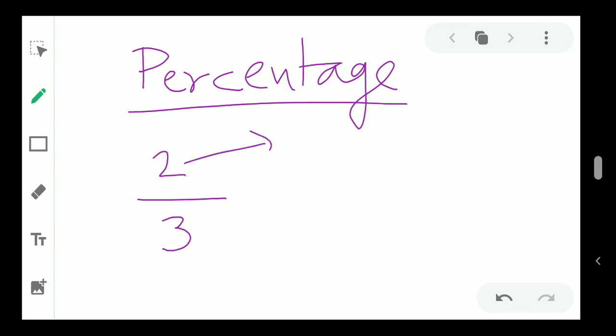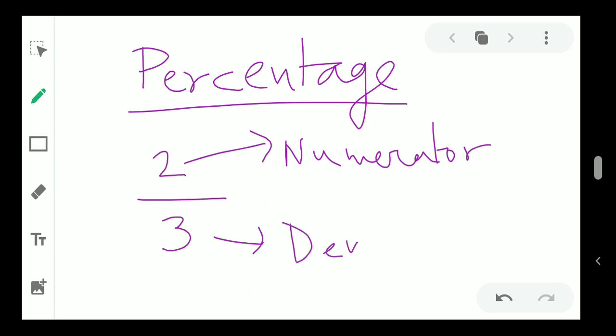This is called your numerator, and the down one is called your denominator. As you have already learned this in class 4, I am starting directly the commercial topic, but I will come back to this because many of you may have problems. So this is your fraction, right?